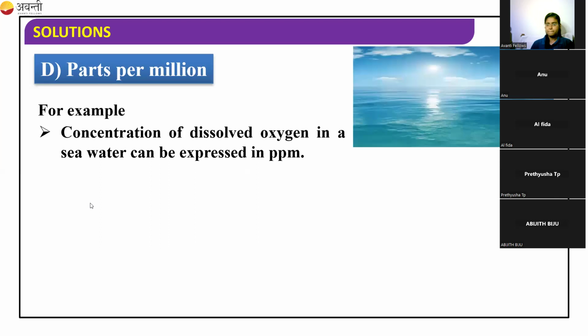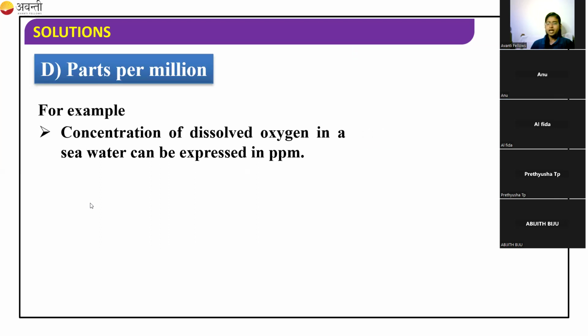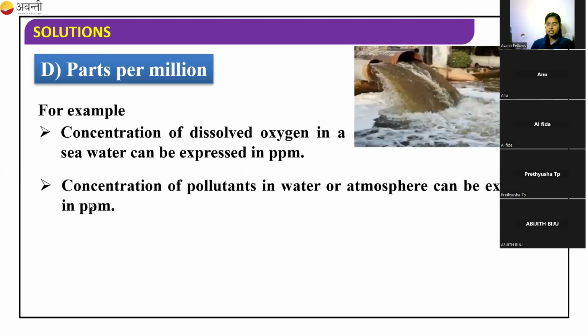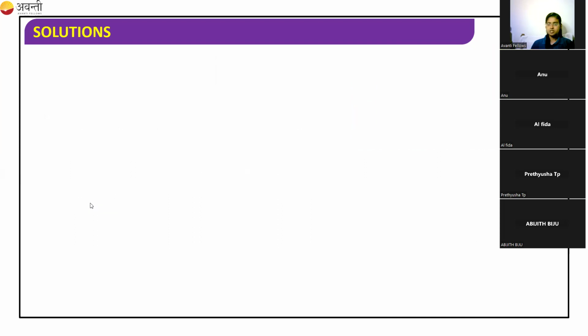And the concentration of pollutants in water or in the atmosphere will be very, very less. So we can express that in terms of ppm. Water is more and the pollutants, the dirt, are very less, no? With this, ppm is getting over.